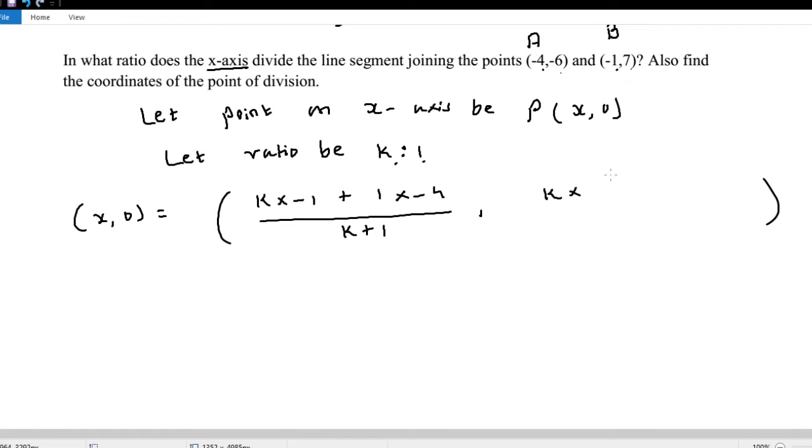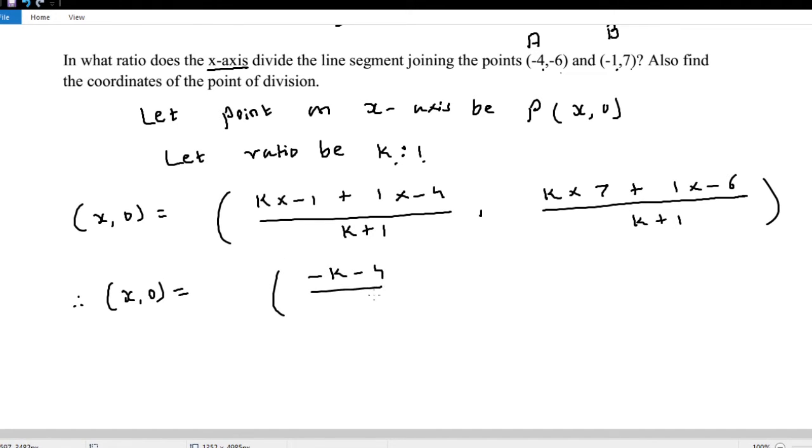Similarly, k into y2, which is 7, plus 1 into y1 coordinate, -6, upon k plus 1. Therefore (x, 0) becomes equal to (-k - 4) upon k plus 1, while here you get (7k - 6) upon k plus 1.